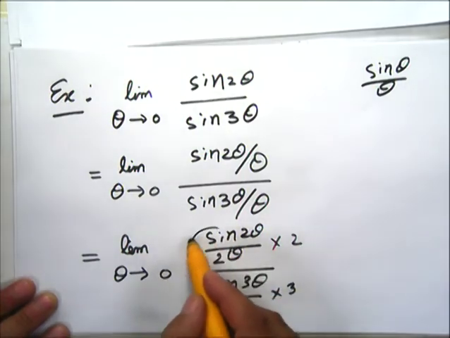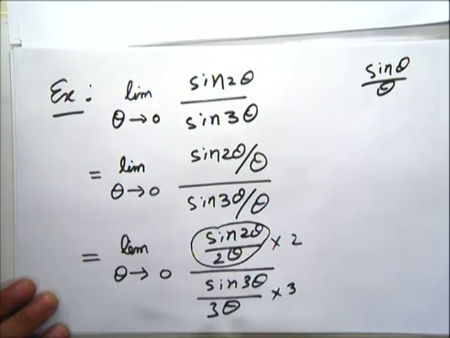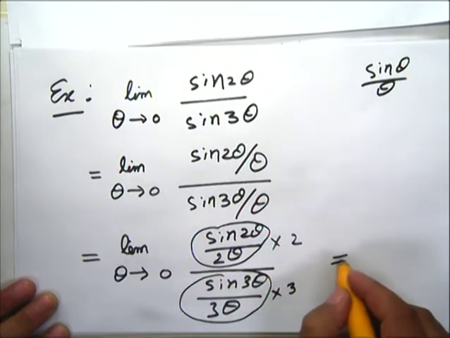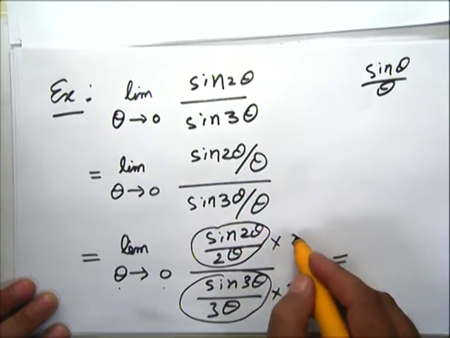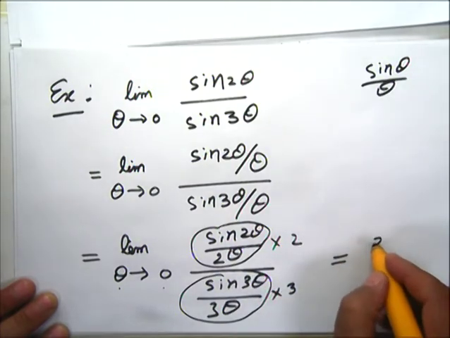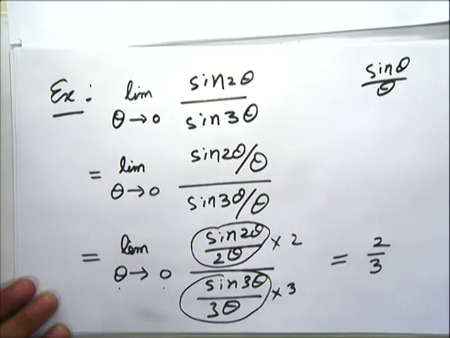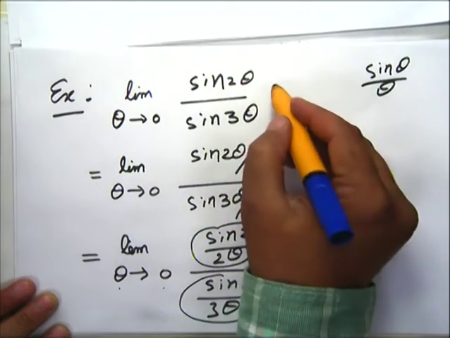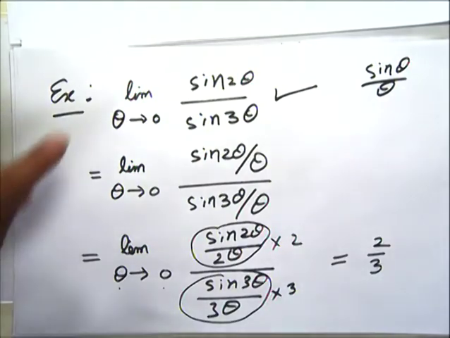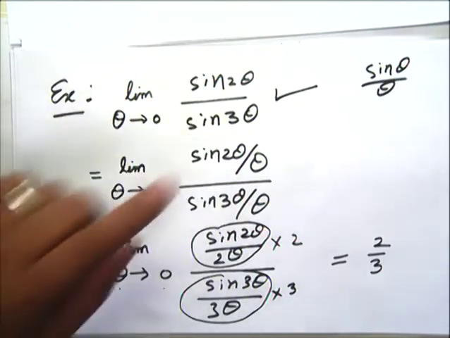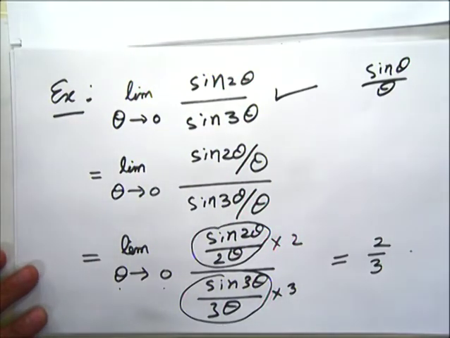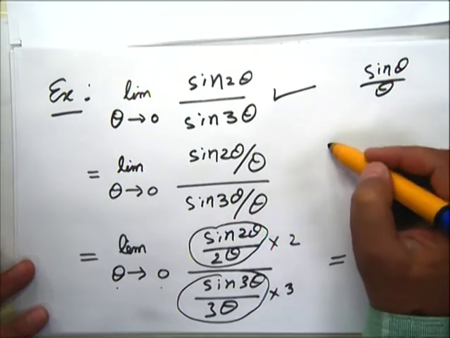Now both are 1, so when we apply theta tends to 0, this will be 1 and this will be 1. So the remaining is 2 upon 3. So for this example, limit theta tends to 0 sine 2 theta upon sine 3 theta, the answer is 2 by 3.